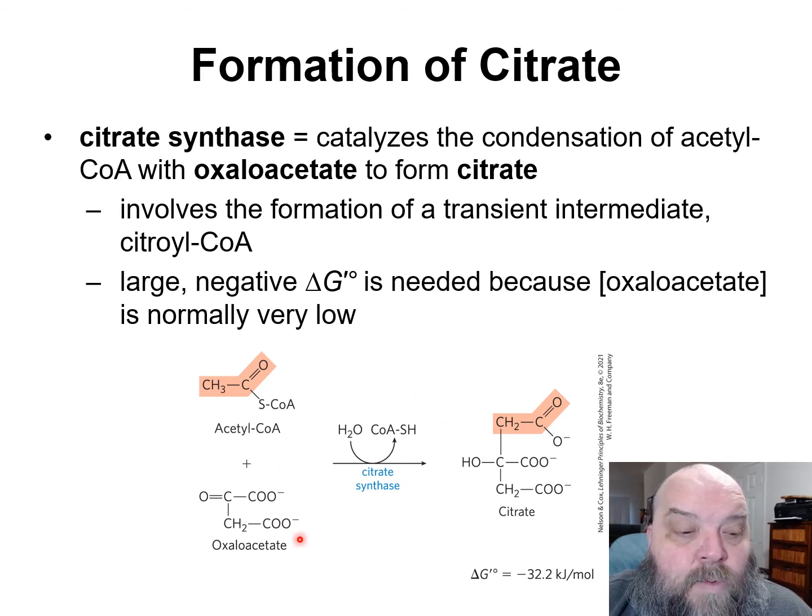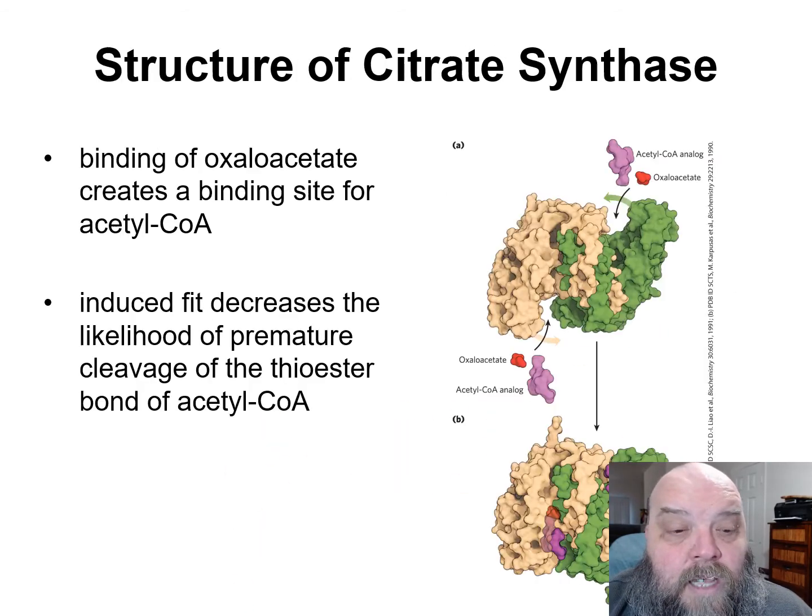So whenever there's a free oxaloacetate, we need this to occur. If this was a high number, close to 0 or positive, then getting enough free energy, getting ATP or whatever to get this to push through, that would be the limiting factor. But by having it so low here, at negative 32, the concentration of oxaloacetate is our limiting factor for this enzymatic reaction.